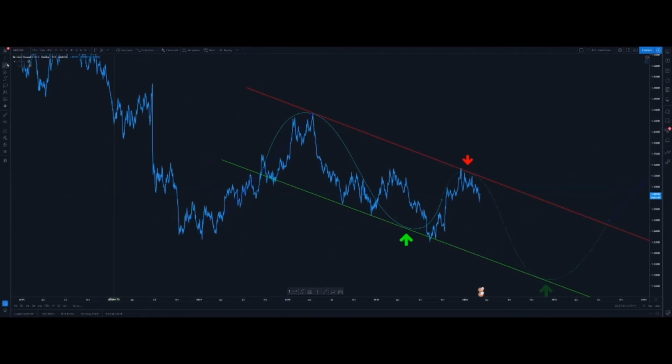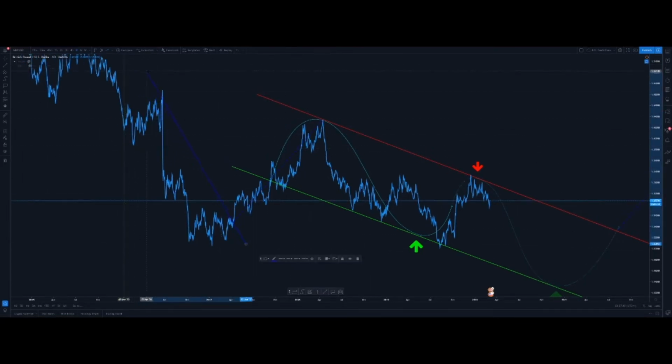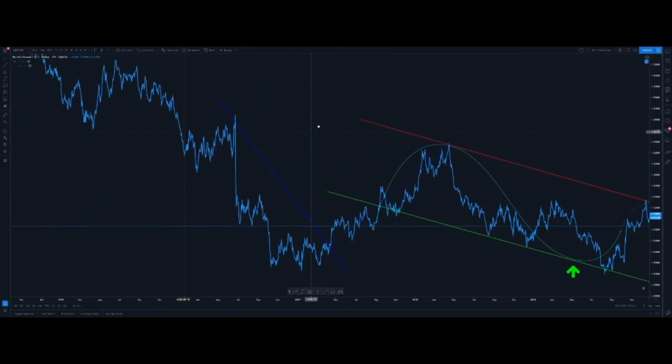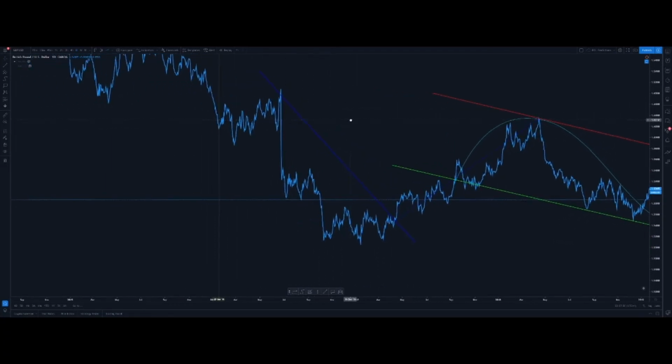As you can see, this was a falling wedge pattern. You shouldn't worry about which pattern they are. You can Google them all. You don't have to learn it by heart immediately. You will learn it by heart in time.